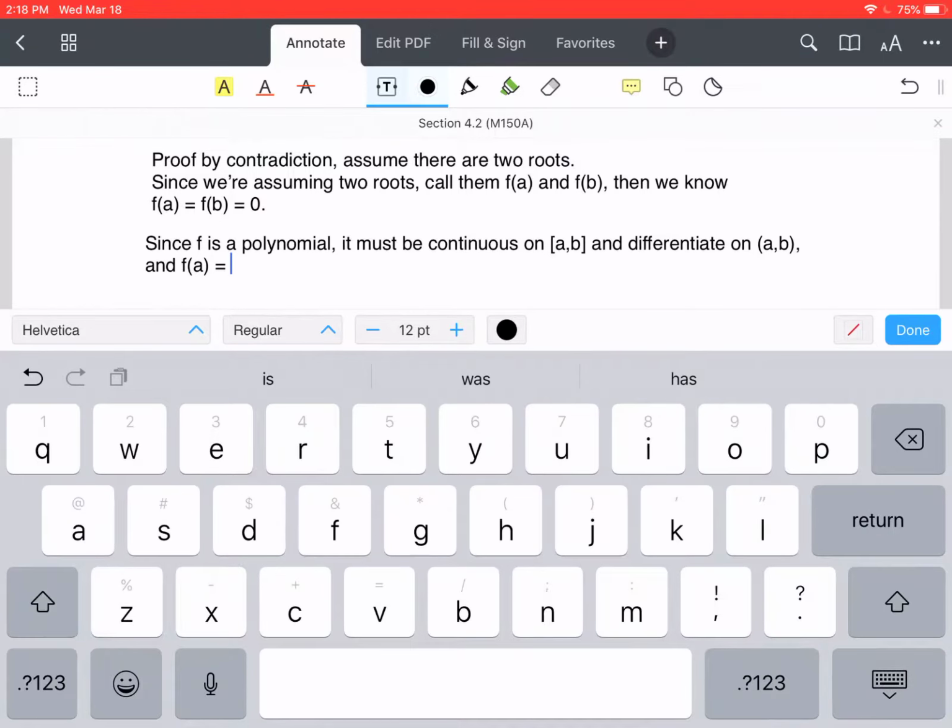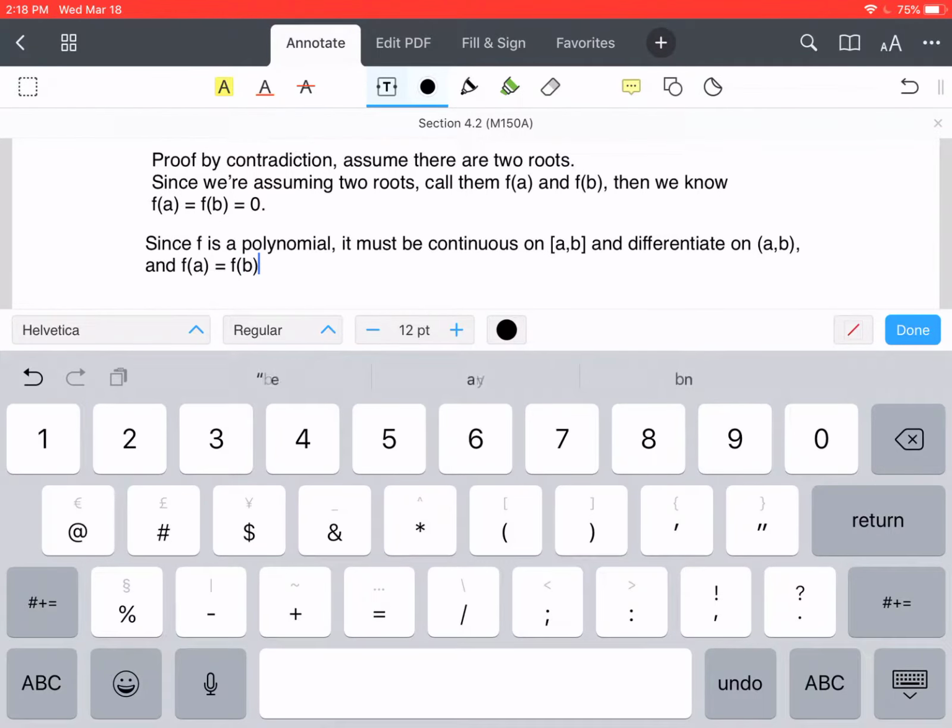Right? That's what we just established. f of a equals f of b because they're both 0.